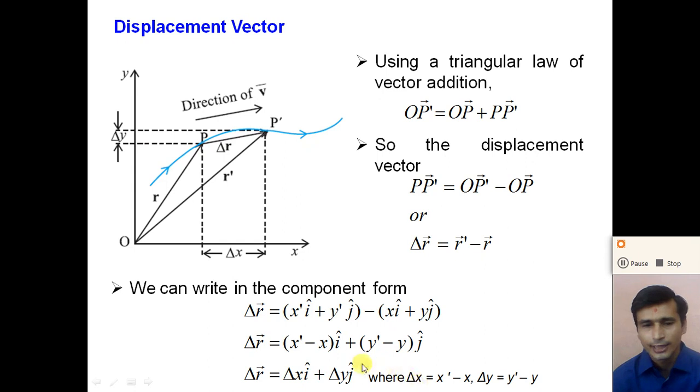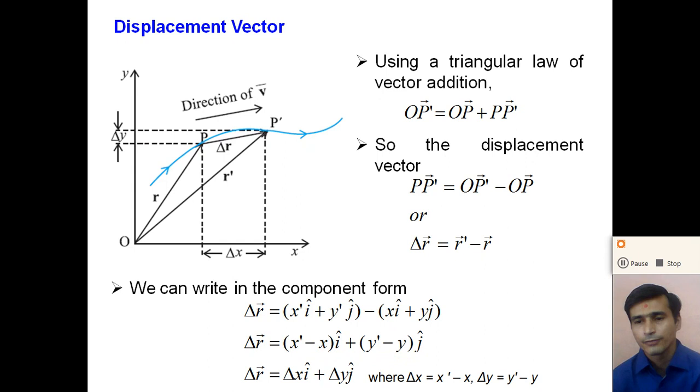So where delta x is equal to x' minus x and delta y is equal to y' minus y, right? So here we get the x component of the displacement vector and the y component of the displacement vector, and we get the displacement vector.